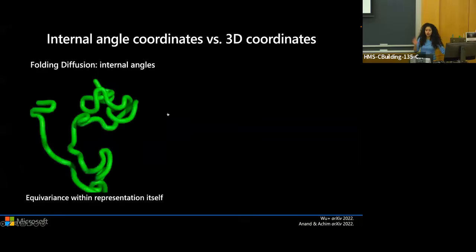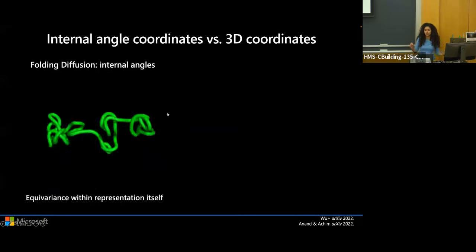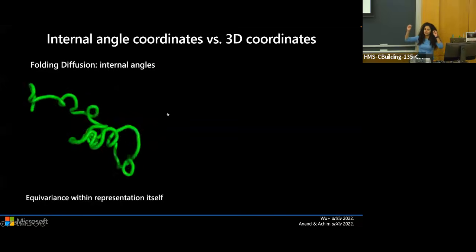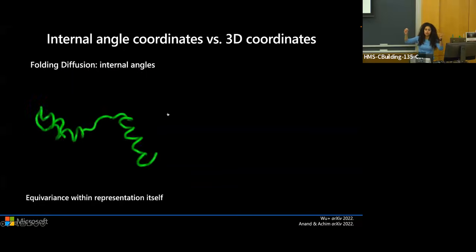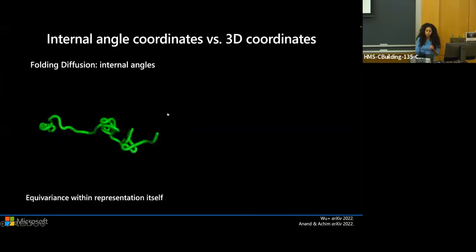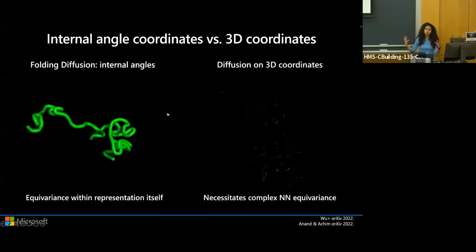In a 3D coordinate system, each of the individual atoms is specified by XYZ coordinates in 3D space, which means that when you learn a diffusion-based model, you have to incorporate these requirements to preserve invariance under rotation and such into the network architecture itself.